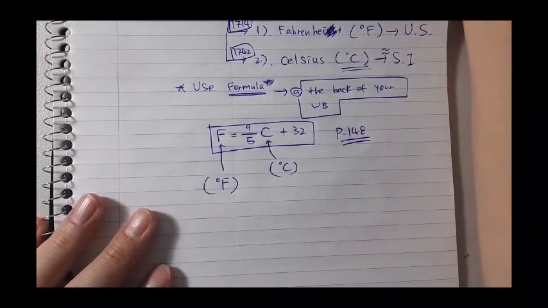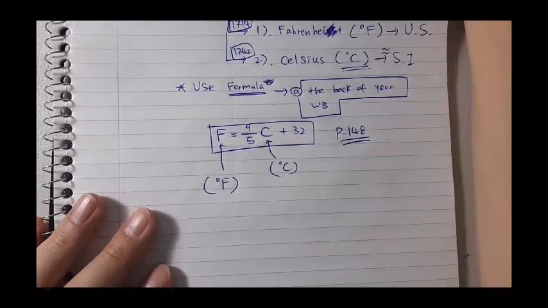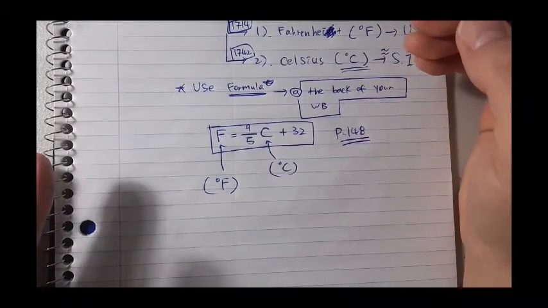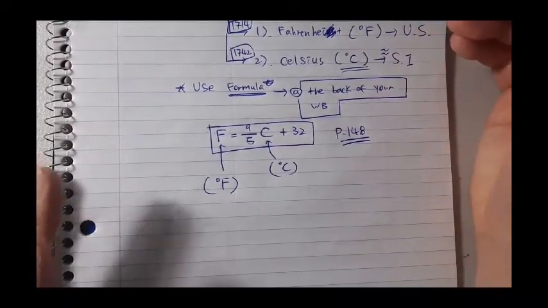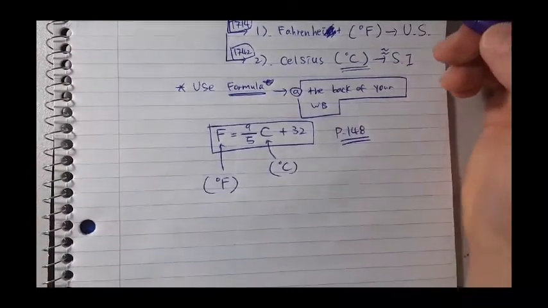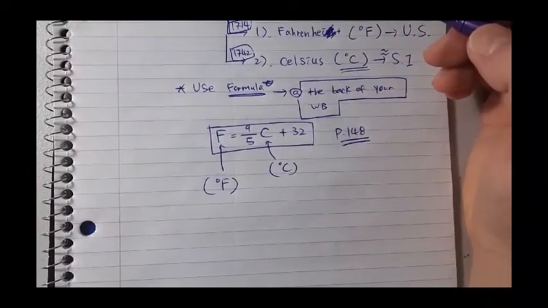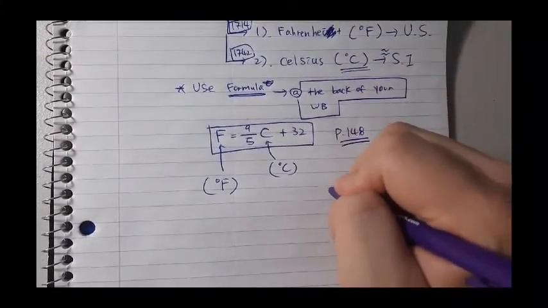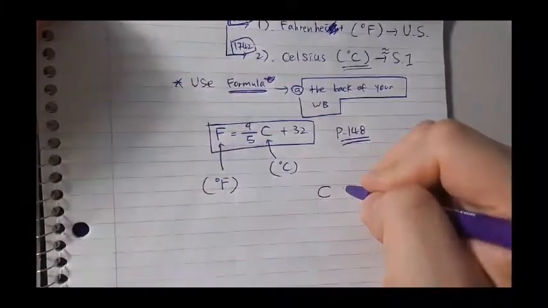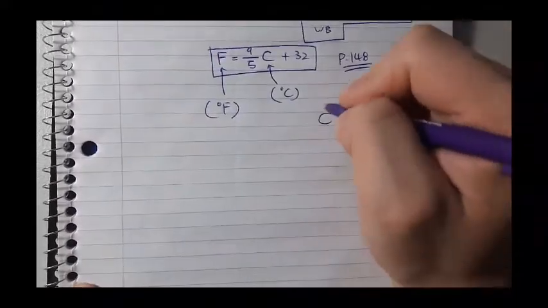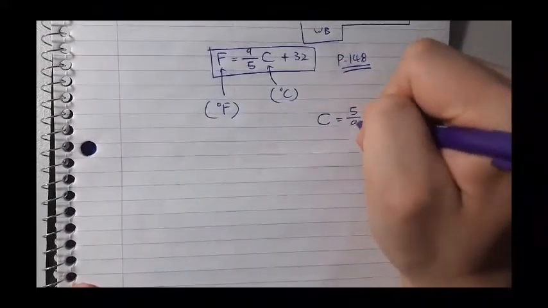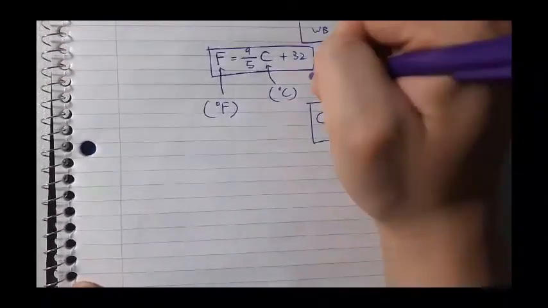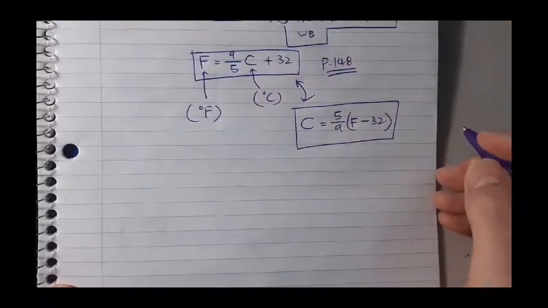Now, what does that mean? That means we are using formulas to identify what is what. And we also need to know how to rearrange the formula. Even though the workbook also gives you the formula from the degree Celsius perspective, as C is equal to 5 over 9 F minus 32, we should know how to go back and forth.